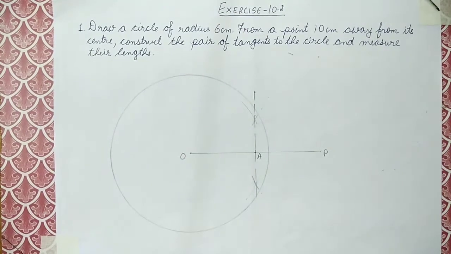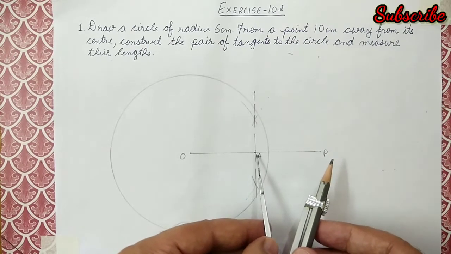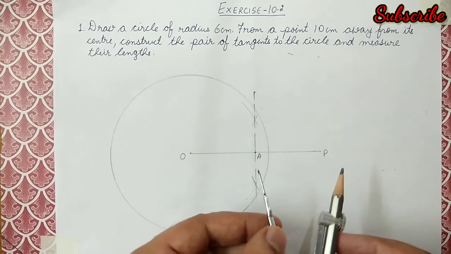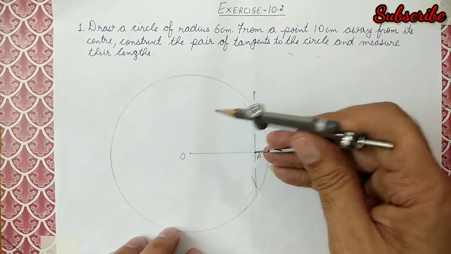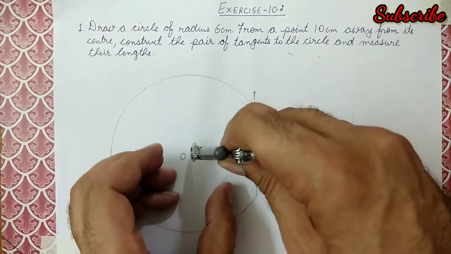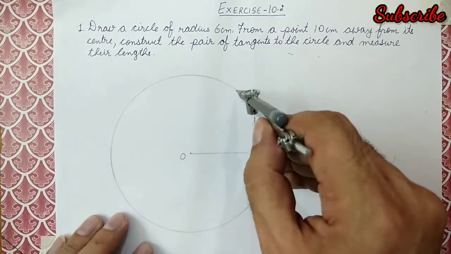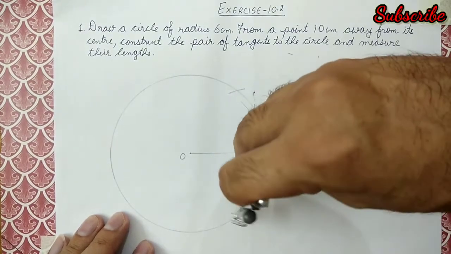Now, next thing, we have to keep the compass at A and open it equal to either OA or AP. It means the center is A and the radius is equal to OA. Just open it equal to OA, and then we mark two arcs on the circle, one up and one down.